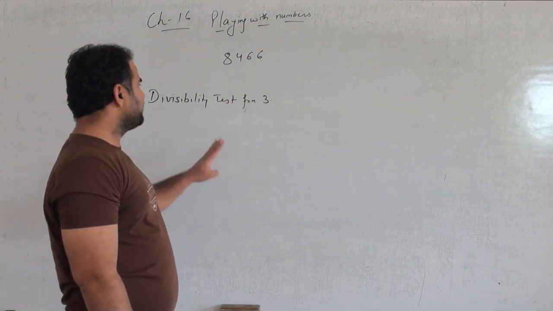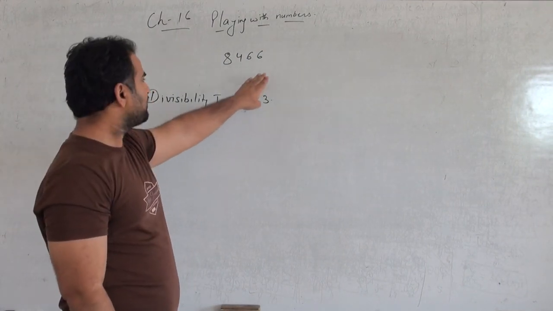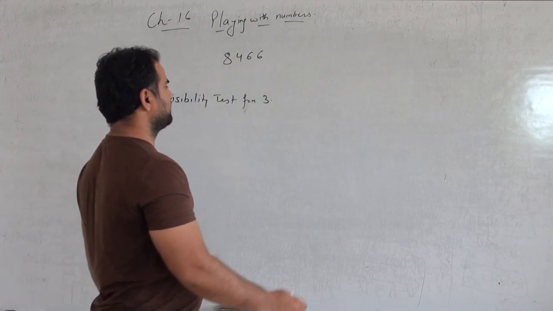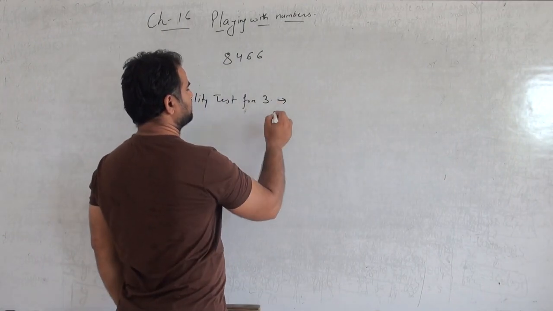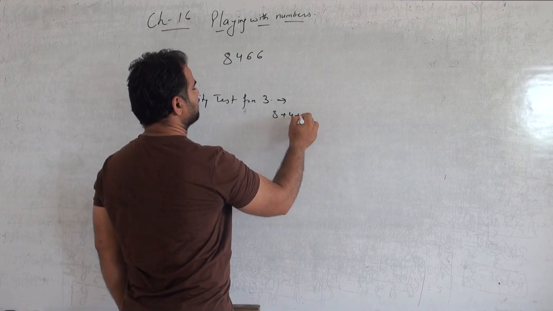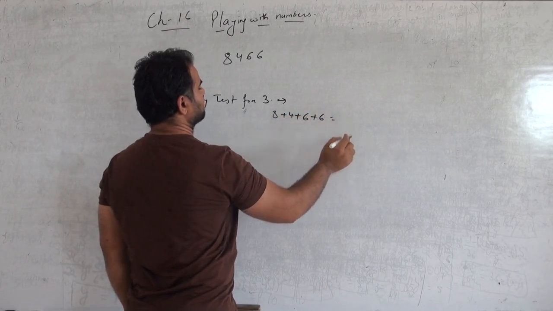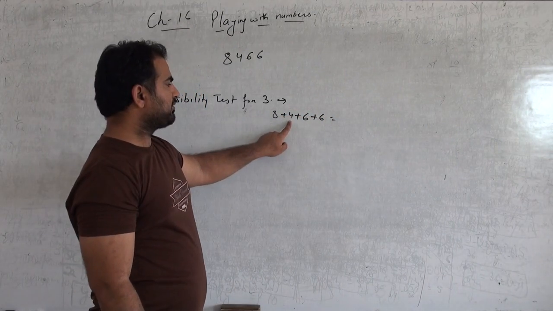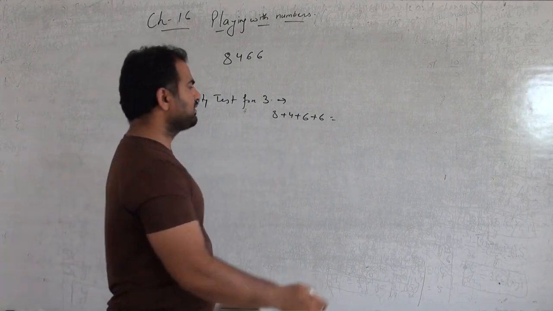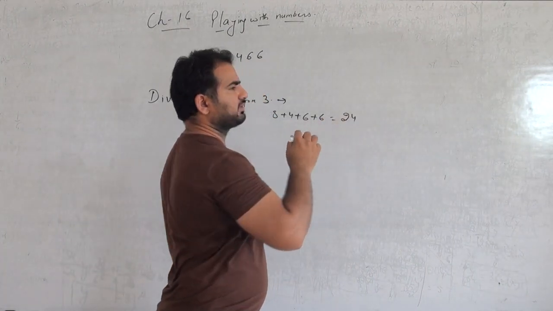So what we have to do is just add all the digits. So it will be 8 plus 4 plus 6 plus 6. 8 and 4 will be 12, plus 12, 24. So the answer is 24.